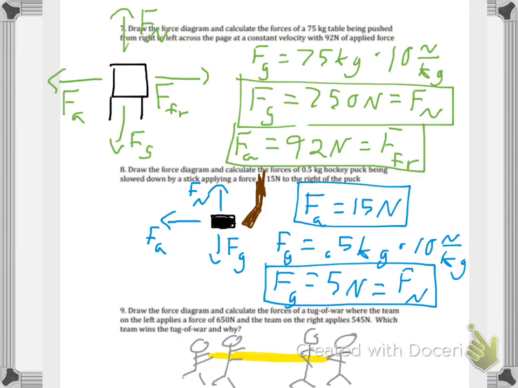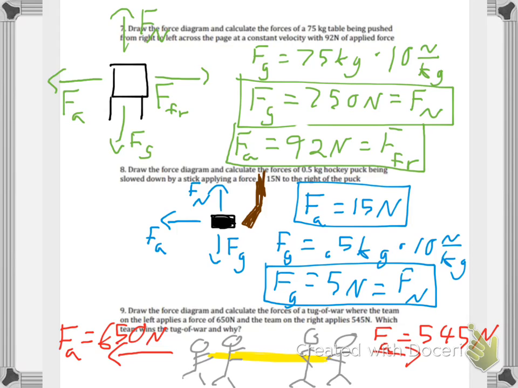And now the team on the left is applying 650 newtons. So here we've got a force applied of 650 newtons. And the team on the right is applying 545 newtons. So who wins the tug of war and why?